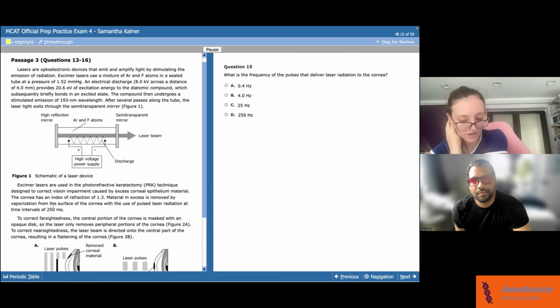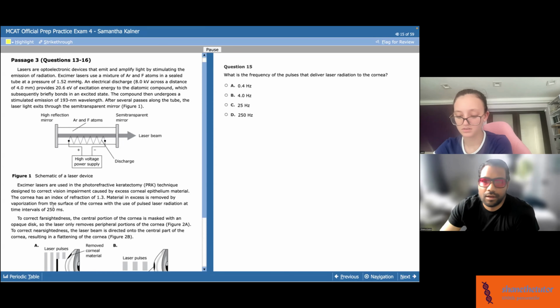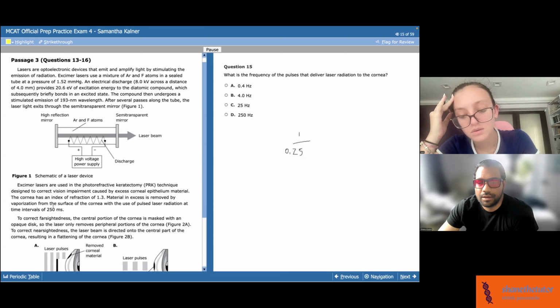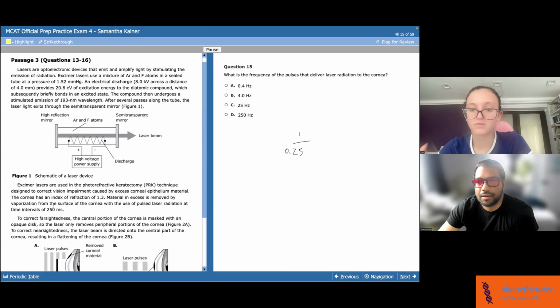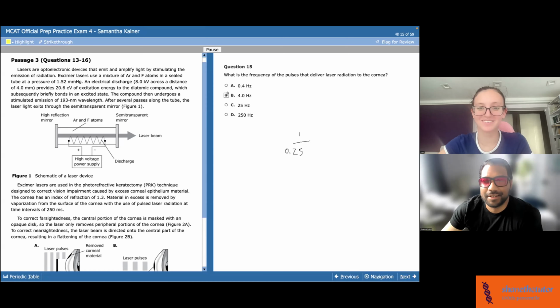And then it's 1 over that, which if you convert it to a fraction, it's 1 over 1 over 4, so that means it's 4 hertz. Yeah, 1 over 1 over 4 is 4. That's what I was doing, sorry if I was confusing it.